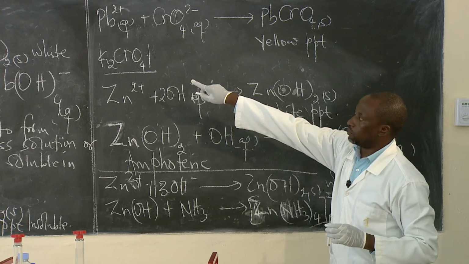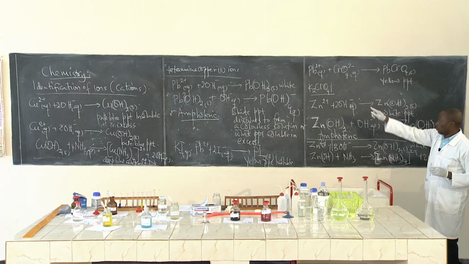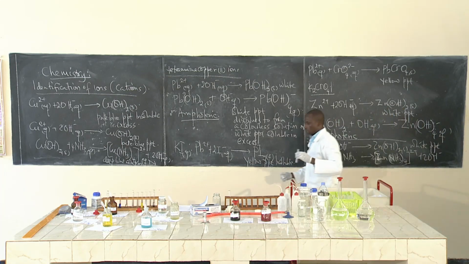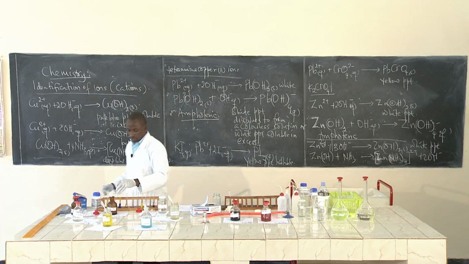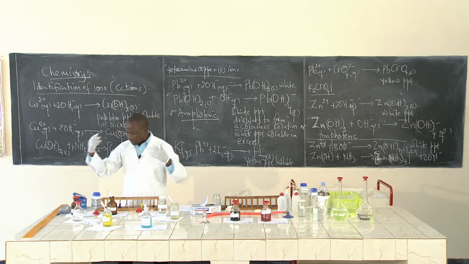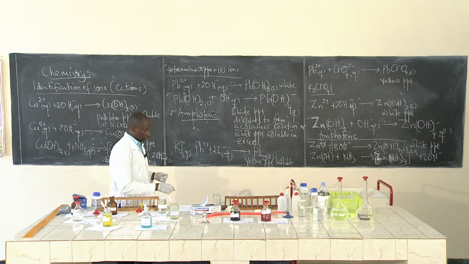Remember the one that forms with ammonia solution with copper. This is tetraammine zinc 2 ions.